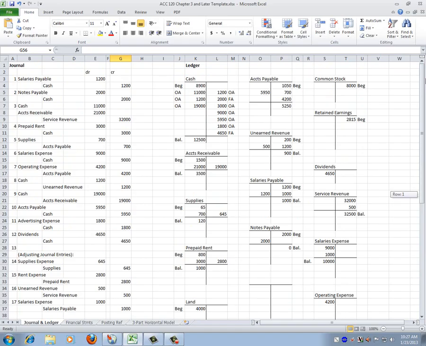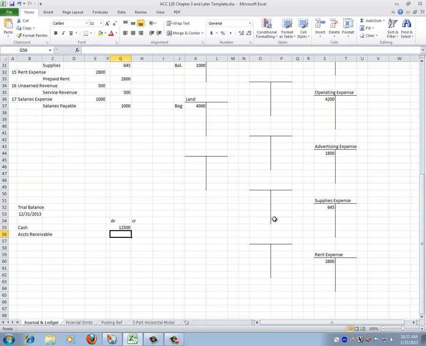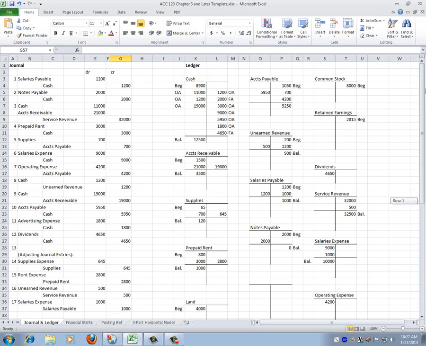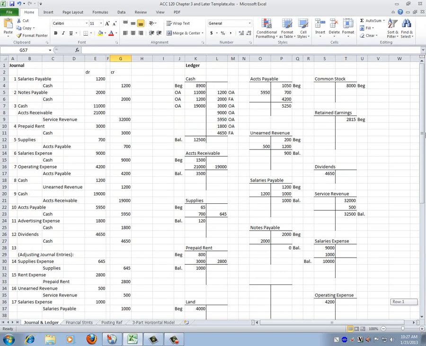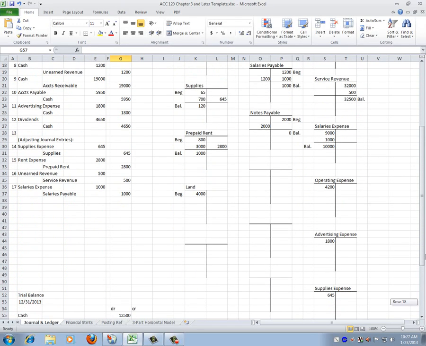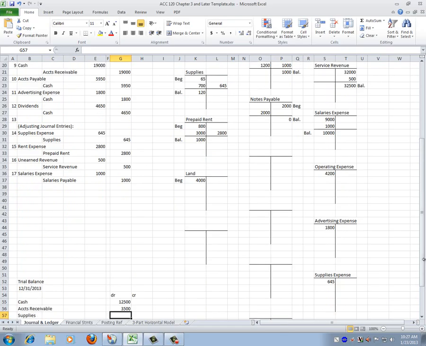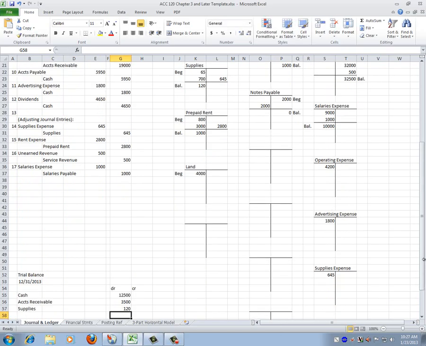Accounts receivable, for best form we try to group our assets first here. Supplies 120. I'm just taking these adjusted balances from our accounts in our ledger and then restating them just name and balance, left or right as the case may be. We have some prepaid rent.